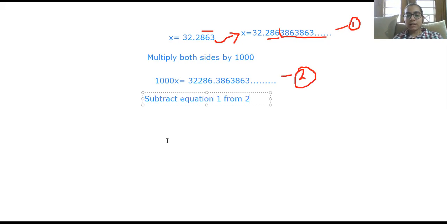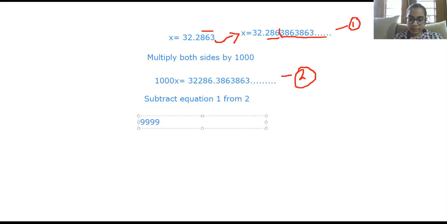As simple as that. Now 1000x minus x, what is it? 999x equals, now we'll stick it to the other side.